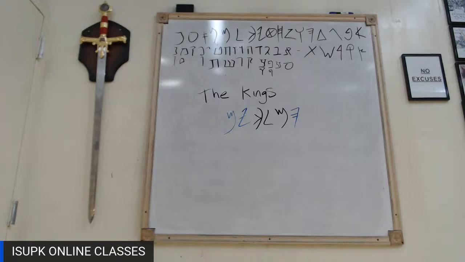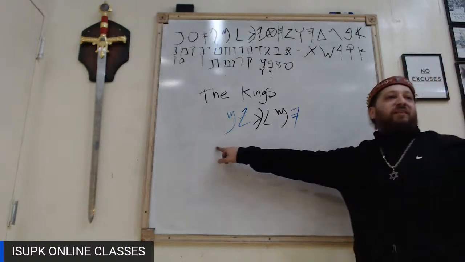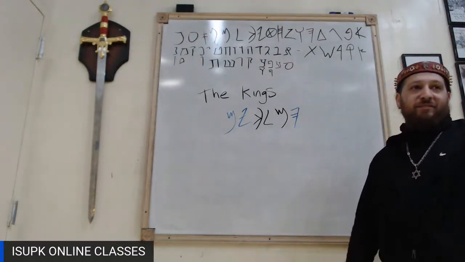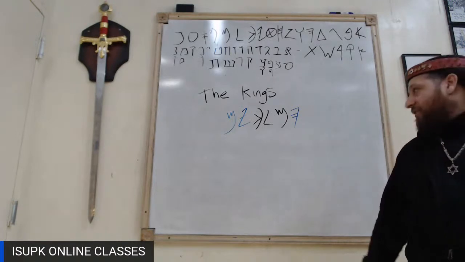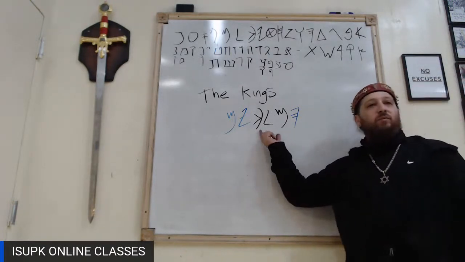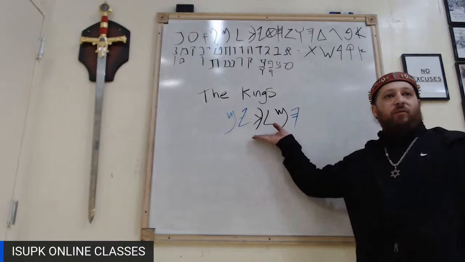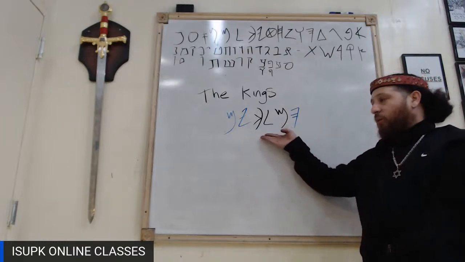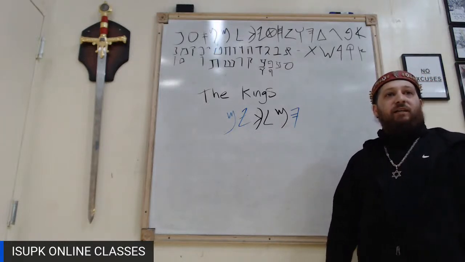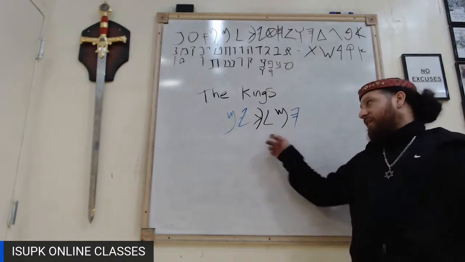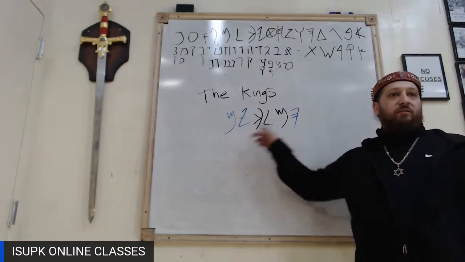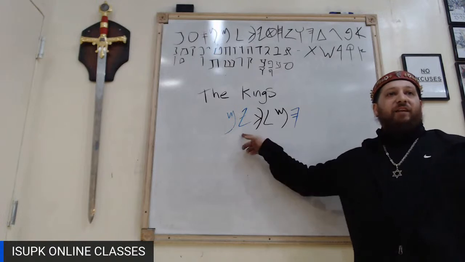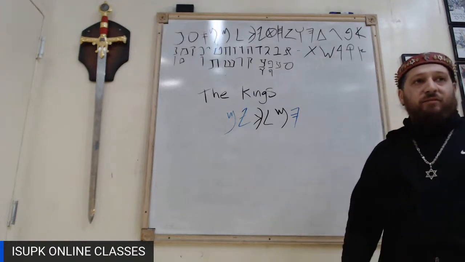Hamalak is the king. Hamalakyum, the kings. So now, Malak is the root. Why? Because this is what we're talking about. Is it any king? No, it's these kings. The kings. It's definite kings.